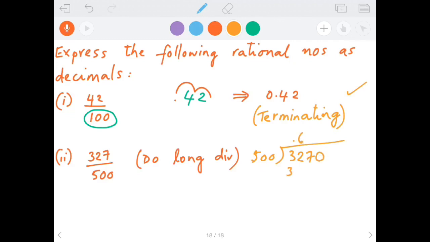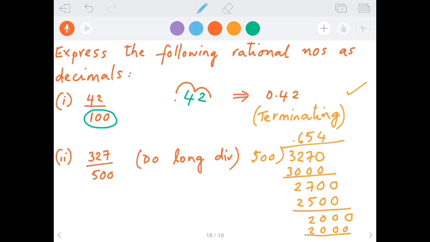This goes 6 times, 3000, leaves a remainder of 270. Put another 0, 5 times. You get 2500, subtract, you get 200, put another 0, you get 4 and a 2000.